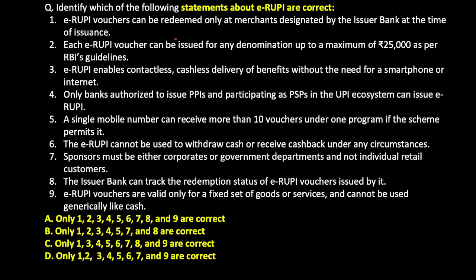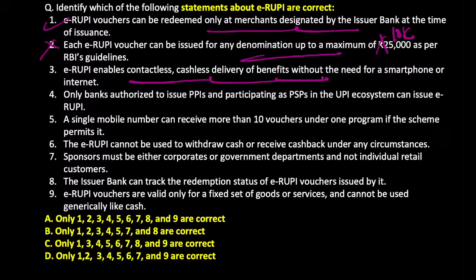So e-rupee voucher can be redeemed only at merchants designated by the issuer bank at the time of issuance. Each e-rupee voucher is issued for a denomination of, it should be 10,000, I guess. This is wrong. E-rupee enables contactless, cashless delivery of benefits without the need of a smartphone and internet.